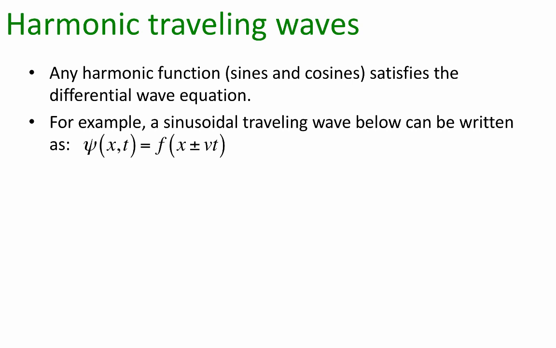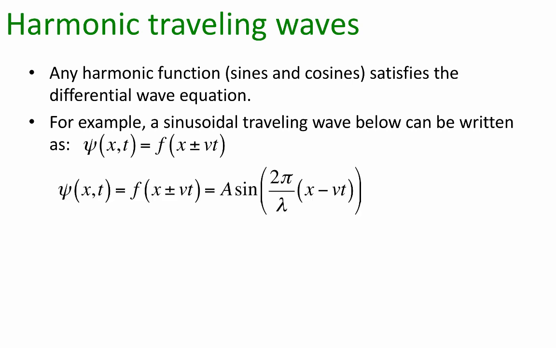A sinusoidal traveling wave can be written as a function of x plus or minus vt. Psi of x and t is equal to f of a function of x plus or minus vt. So here's an example. A sinusoidal traveling wave would be something like a sine 2 pi over lambda times quantity x minus vt.